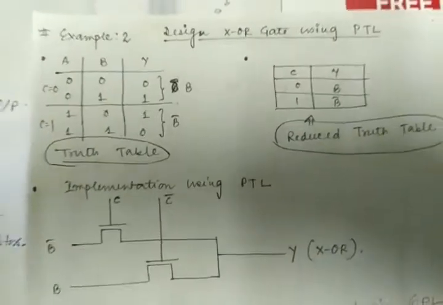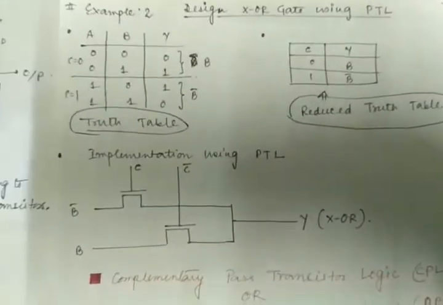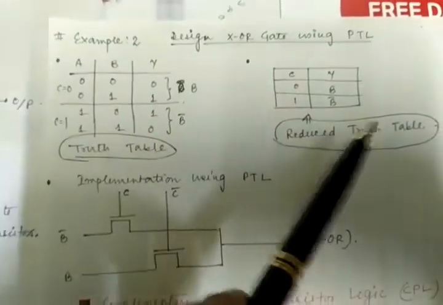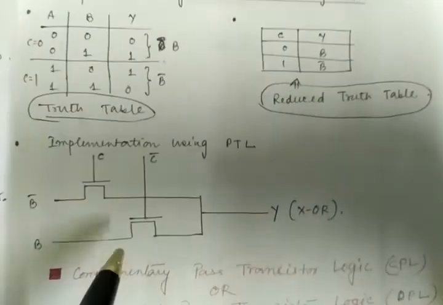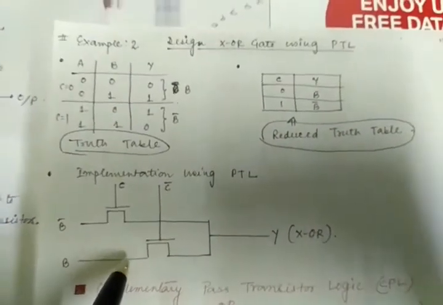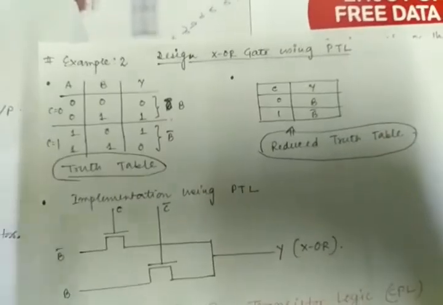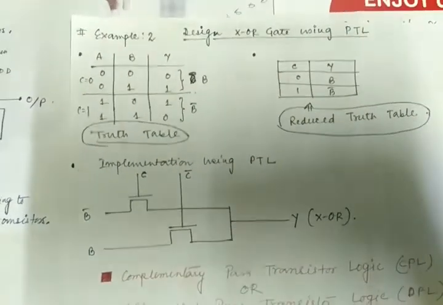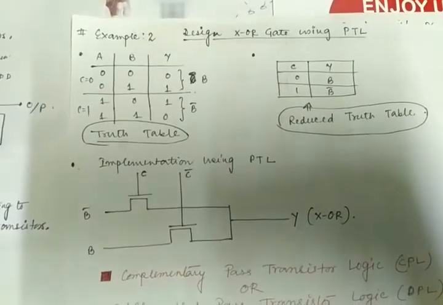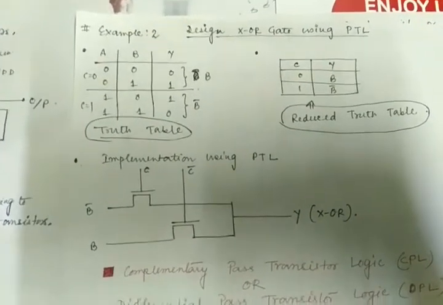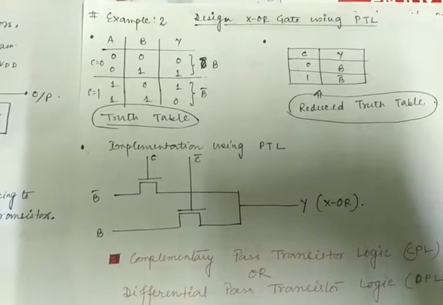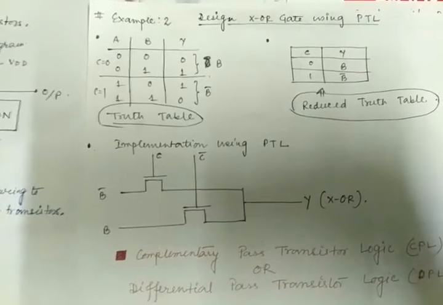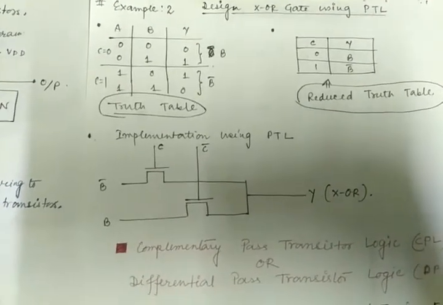For the XOR gate, this is the truth table, this is the reduced truth table, and this is the simple logic design. All are given in the description part. I think it will be very clear to you. I will not explain this once again. Try to understand before going through all the video lectures and the description part. It will be very easy.